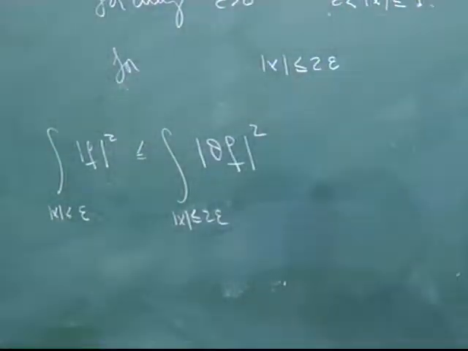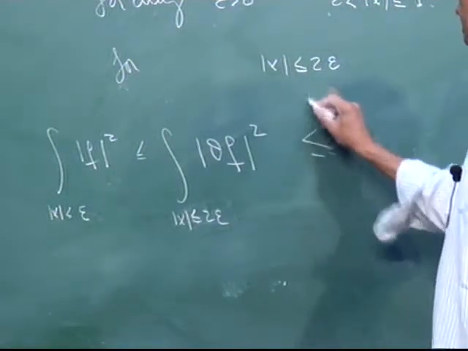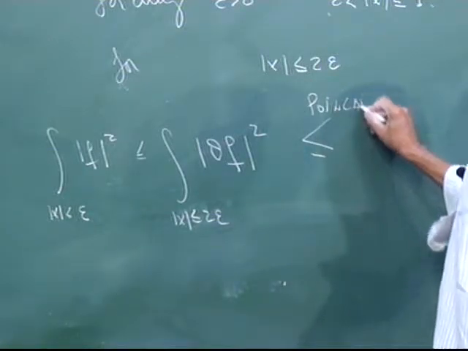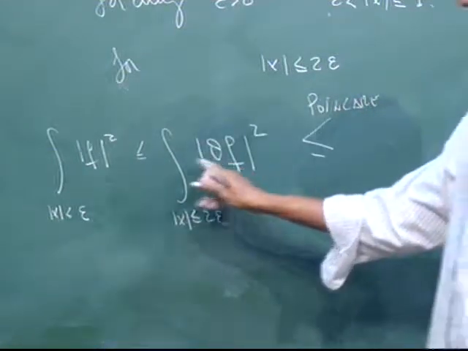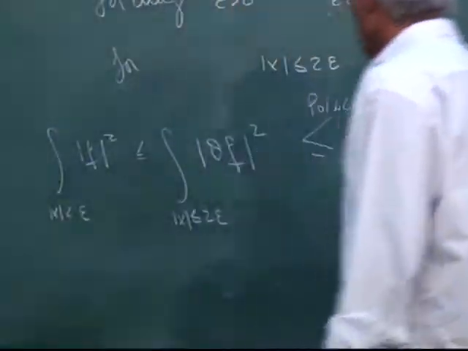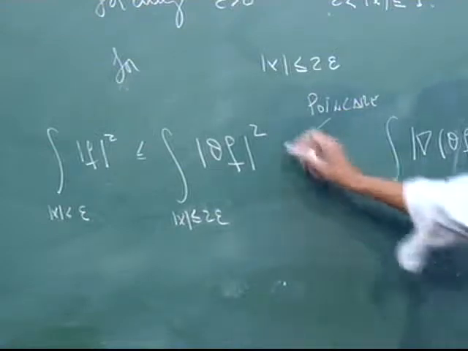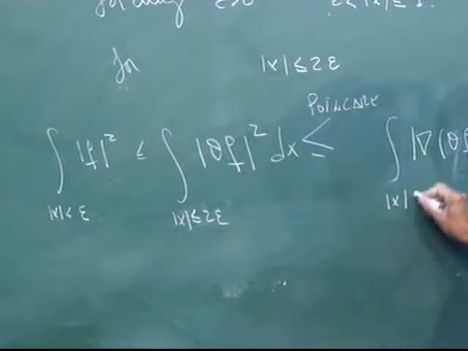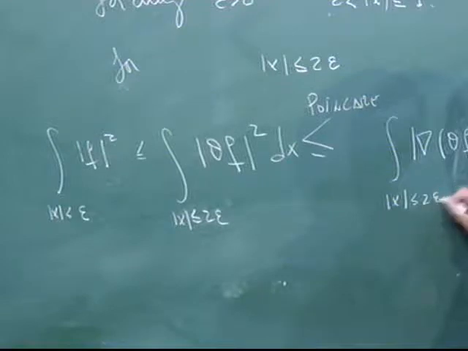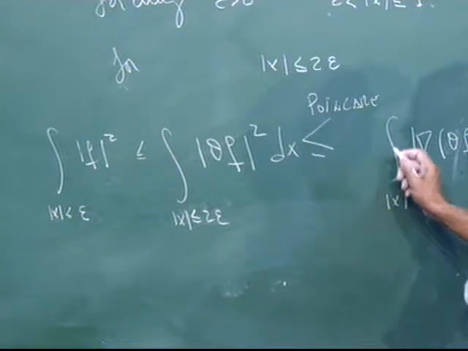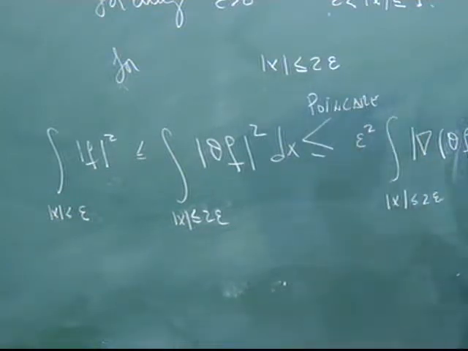Now, the Poincaré inequality tells you that if a function vanishes on the boundary, this is equal to 0, then this is less than the gradient of this. But you have to multiply by the diameter. This is the Poincaré inequality.